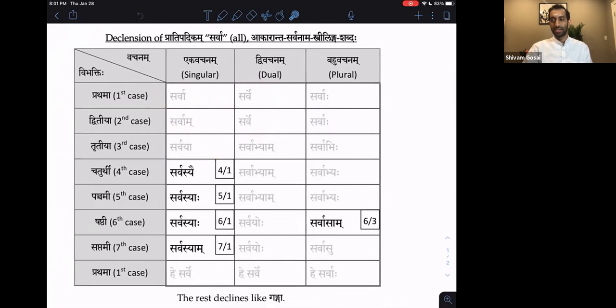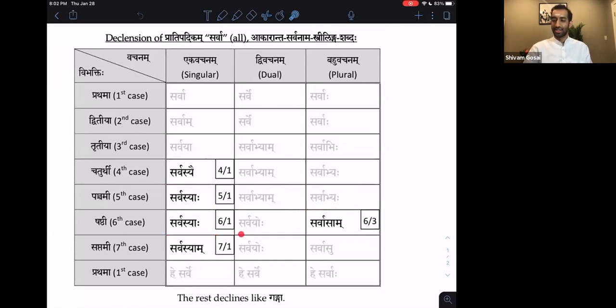Sarvaya, sarvabhyam, sarvabhihi. Sarvasyai, sarvabhyam, sarvabhyah. Sarvasyaha, sarvabhyam, sarvabhyah.